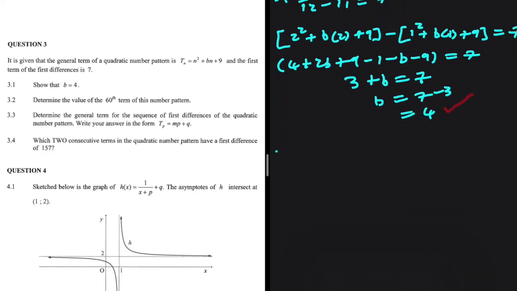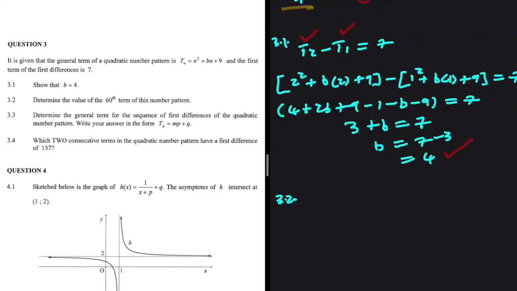That is 3.1. 3.2, determine the value of the 60th term of this number pattern. So we're looking for T60. T60 will be equal to n squared plus 4n plus 9. Now we no longer have b because we have shown that it is indeed equal to 4.